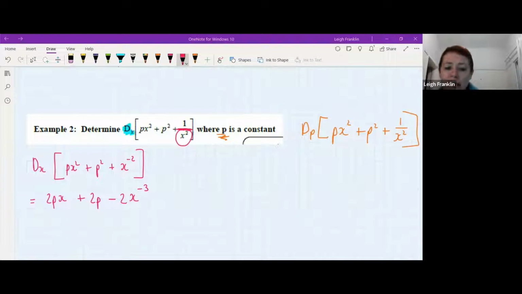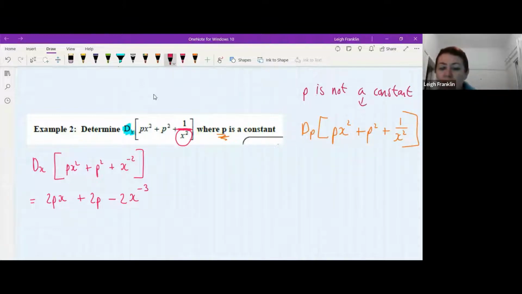All right, now let's just talk about differentiating with respect to p. In this situation, when we differentiate with respect to p, p is not a constant.